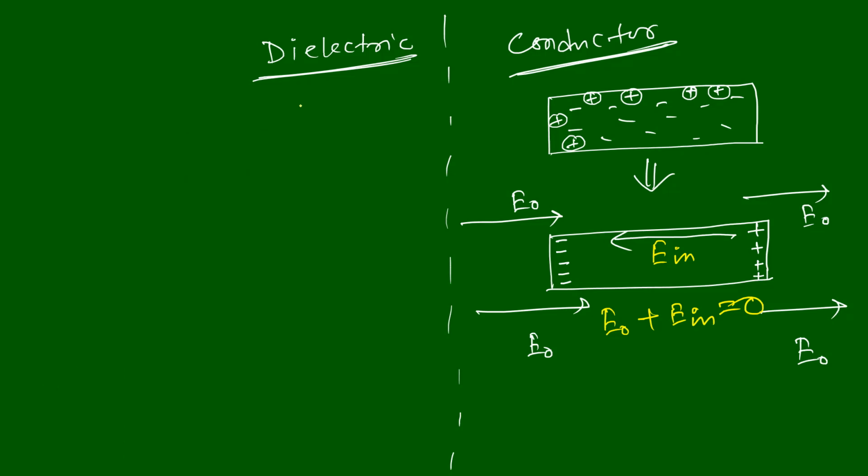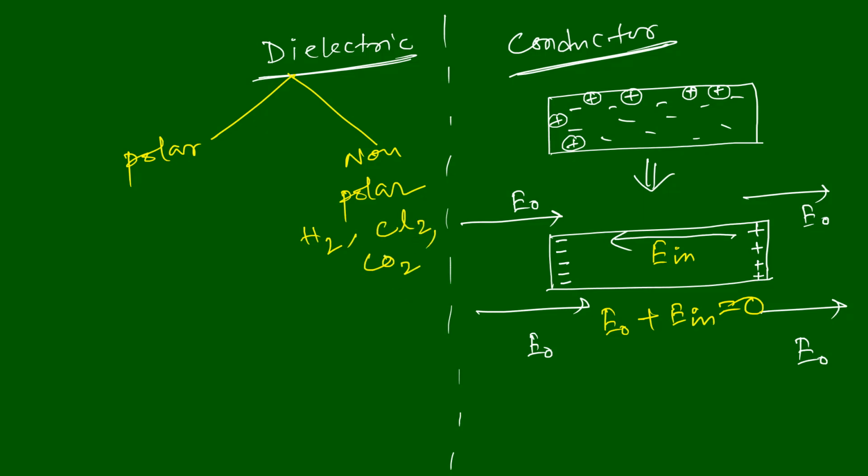So the dielectrics are classified as polar and non-polar. So what is a non-polar dielectric? Let me give you some examples, and we are moving to chemistry. Now you know the arrangements of H2, Cl2 or CO2.